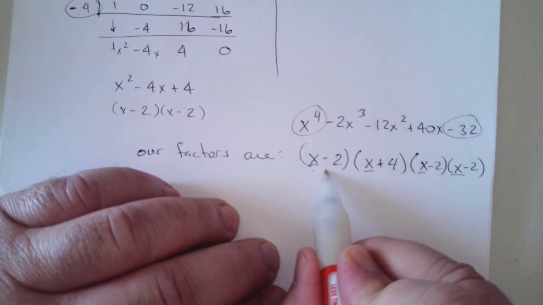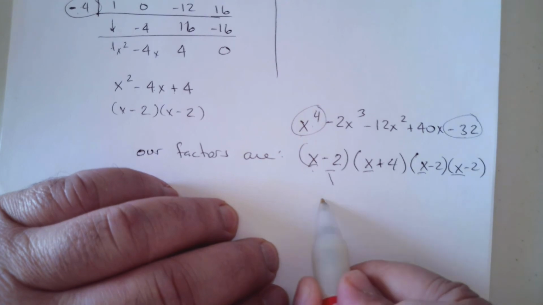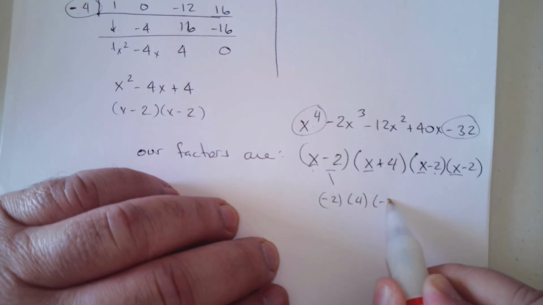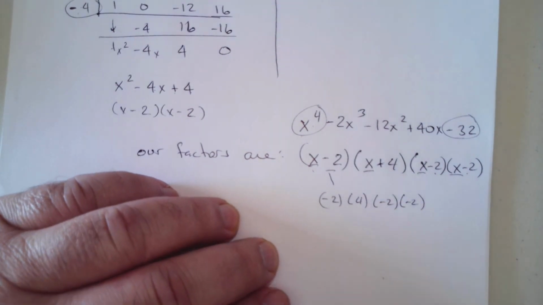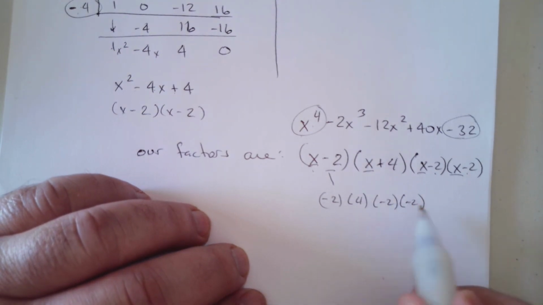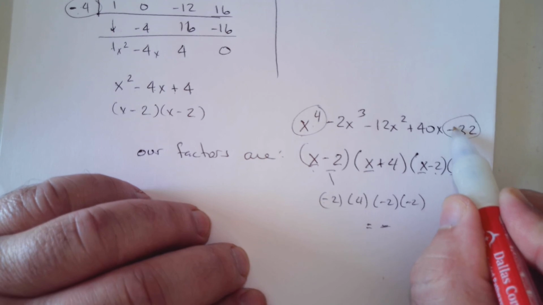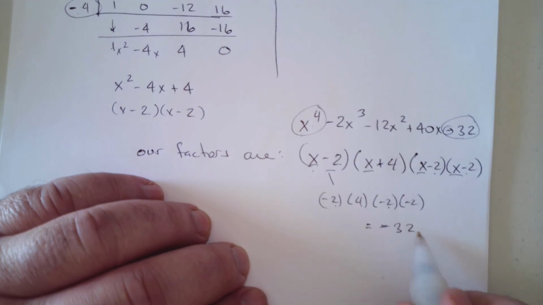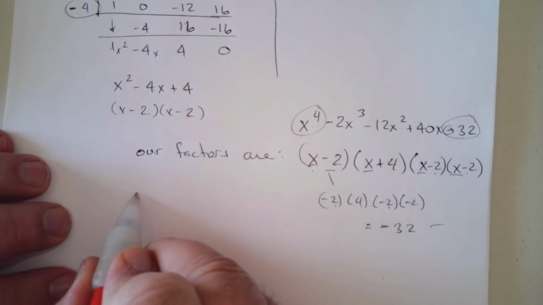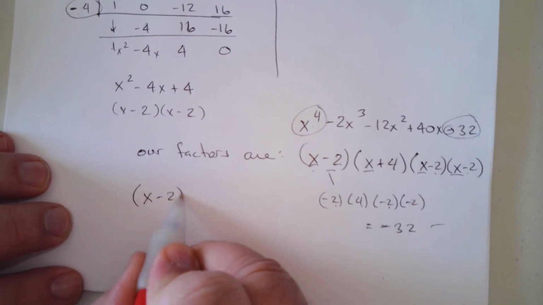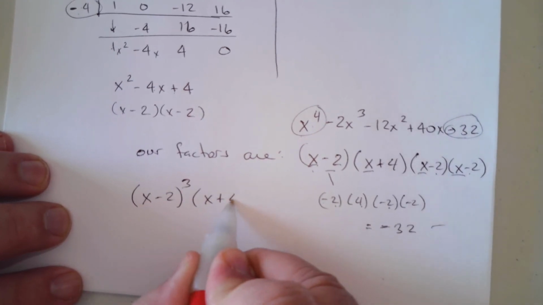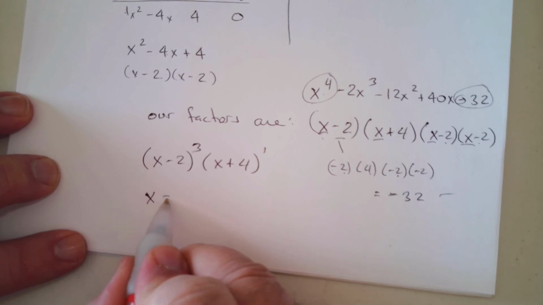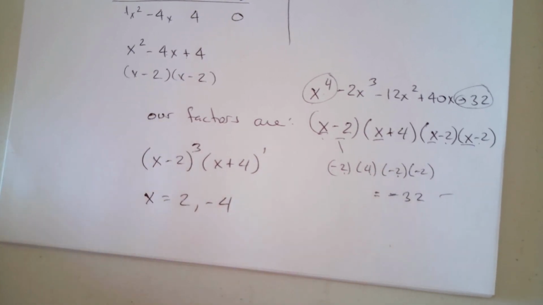Now the last term, negative 2 times 4 times negative 2 times negative 2. 1, 2, 3 negative, so it's negative. That's a good sign. 2 times 4 is 8, times 2 is 16, times 2, 32. Yep. So our factor is x minus 2 cubed, x plus 4 to the first. So our solutions are 2 and negative 4.